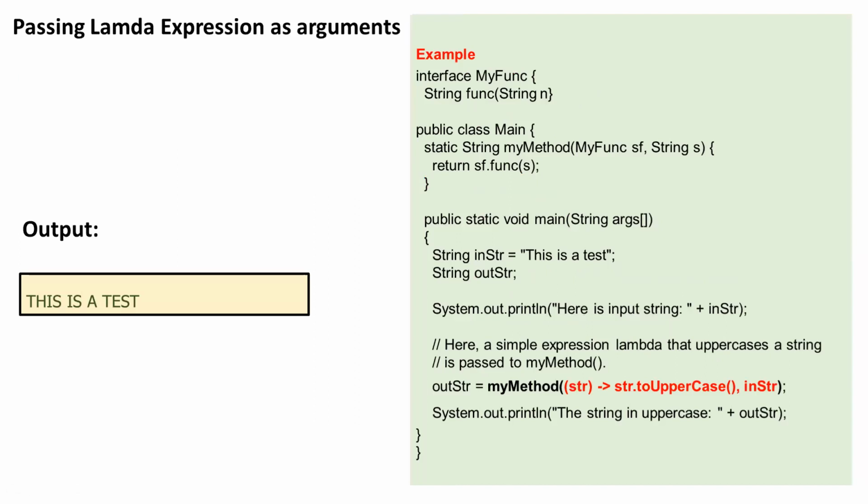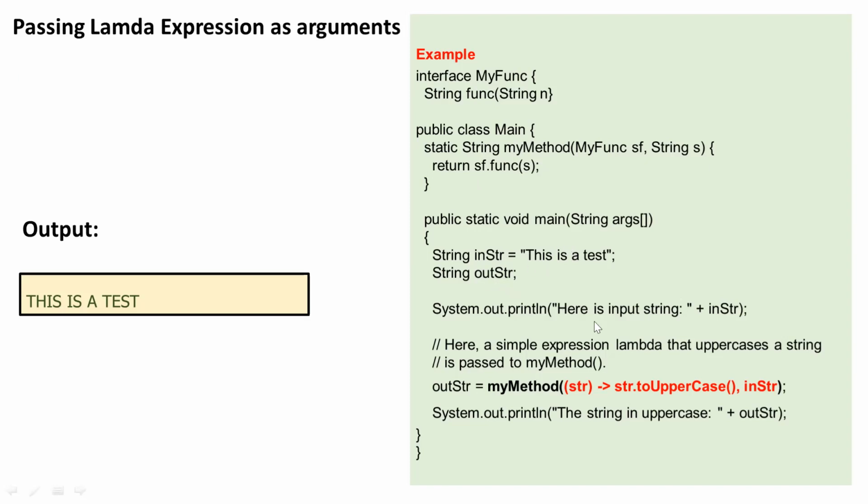Now passing a lambda expression. This is also simple. Interface MyFunction, string function. In the public class main, you make a static string myMethod, MyFunc sf, string x. Now you make a string inStr. This is a test, outStr you are having.